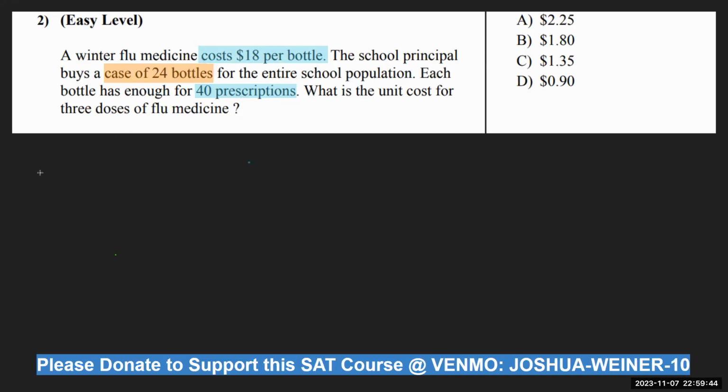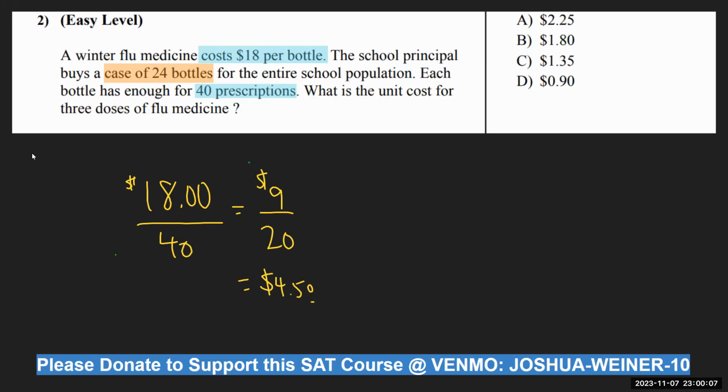We don't really need to know that. So what we have to do is take $18 and divide it into 40 prescriptions. That's the cost, and that's the amount of prescriptions. That's the same as $9 for 20. Well, that's the same as $4.50 for 10 flu doses.